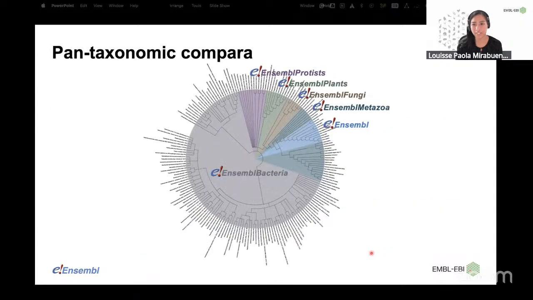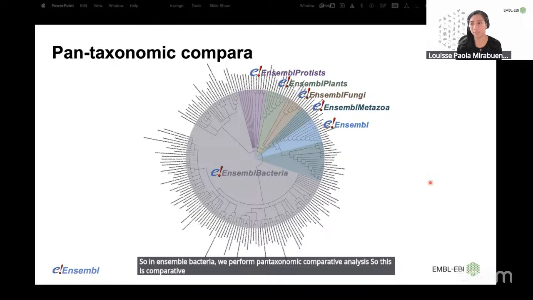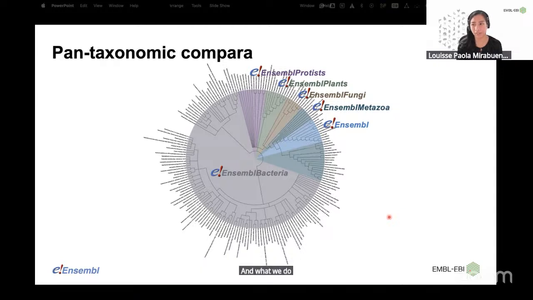In Ensembl Bacteria, we perform pan-taxonomic comparative analyses. So this is comparative genomics analyses across different taxa. What we do is we take a number of representative species from each taxon.